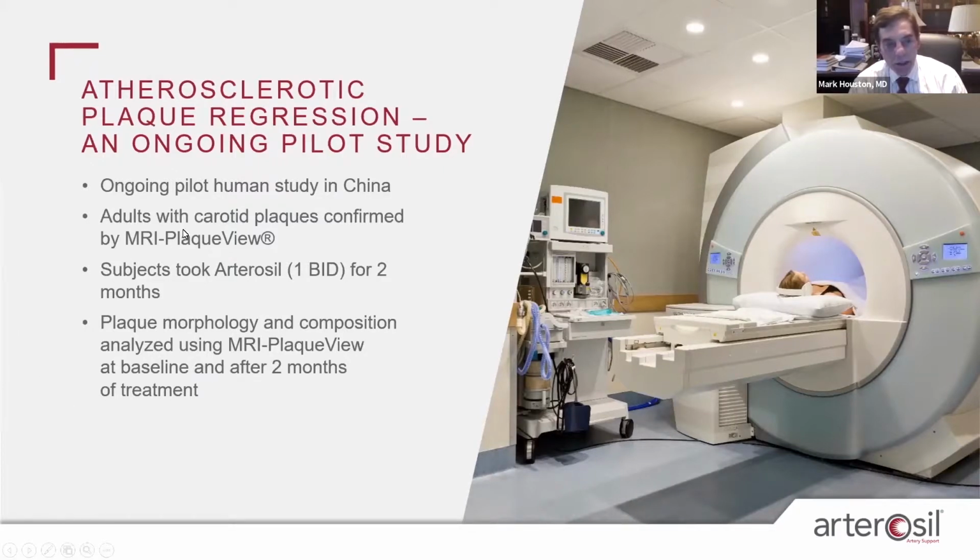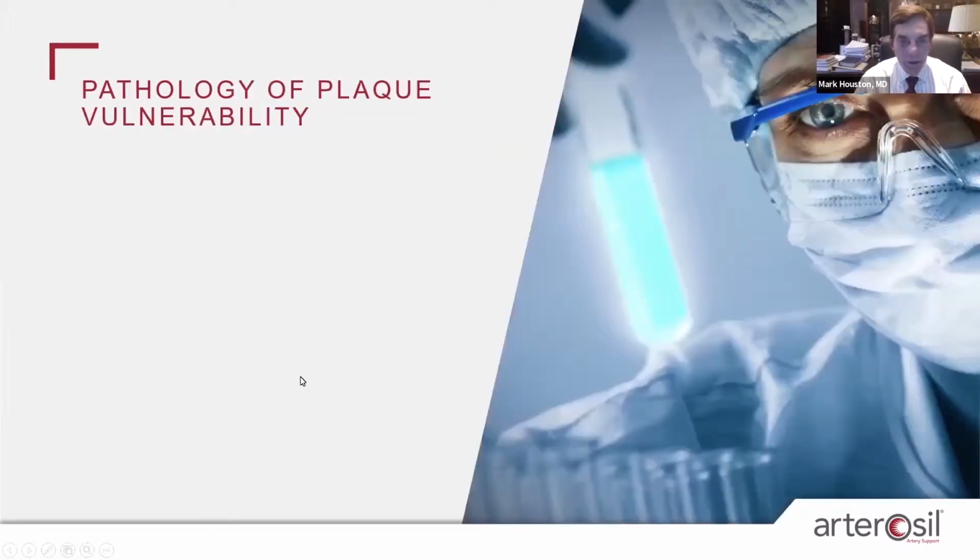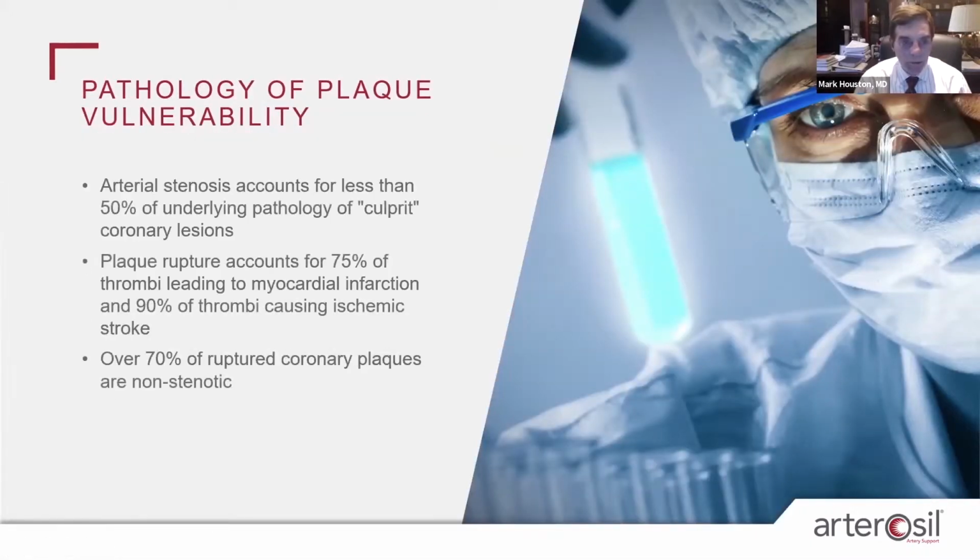So these were patients that had the carotid plaques confirmed with the MRI plaque technology. Then they were given ARTEROSIL, and then they were analyzed both at baseline and 2 months after treatment, looking at plaque vulnerability in specific.